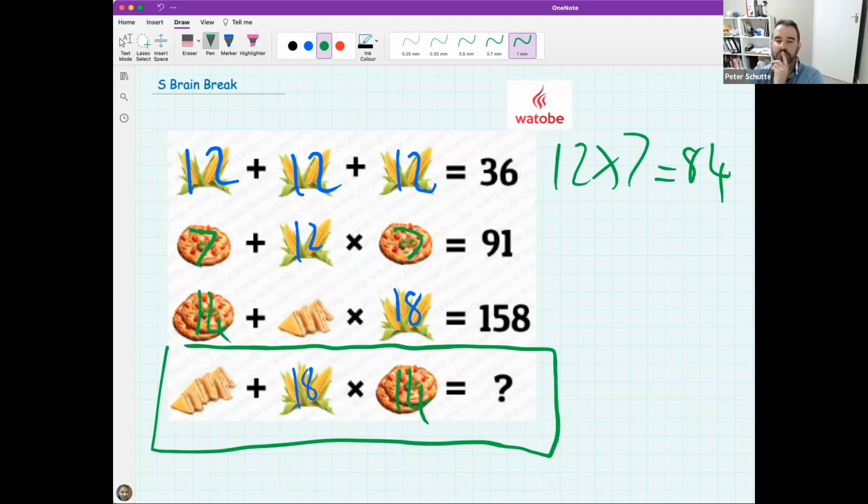Now remember, there's sandwiches, and I've got to remember BODMAS because I've got multiplying and adding. What do we have for that?